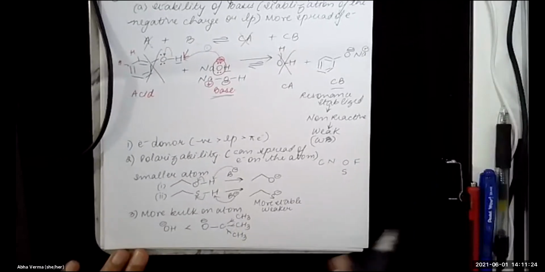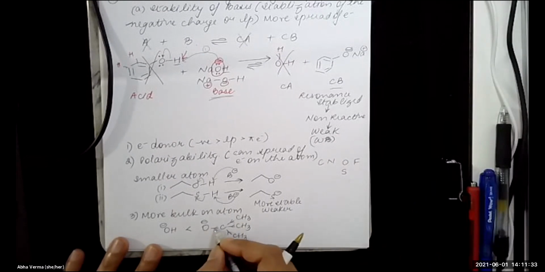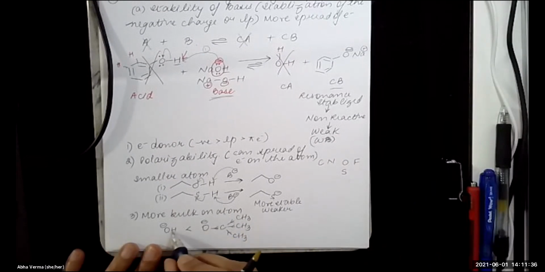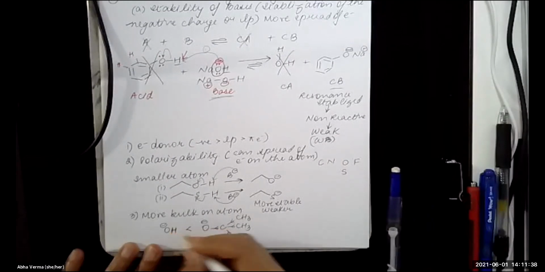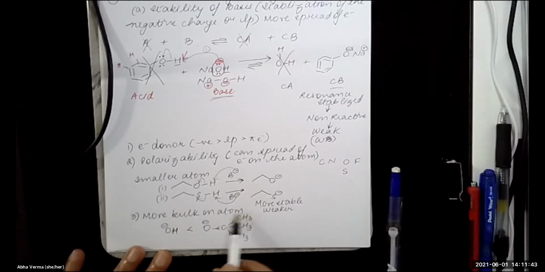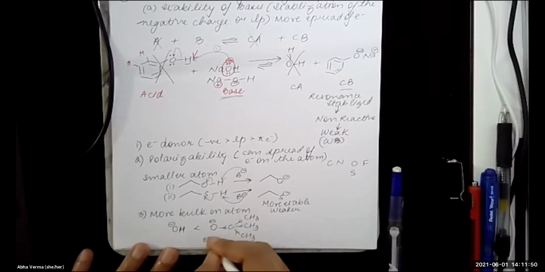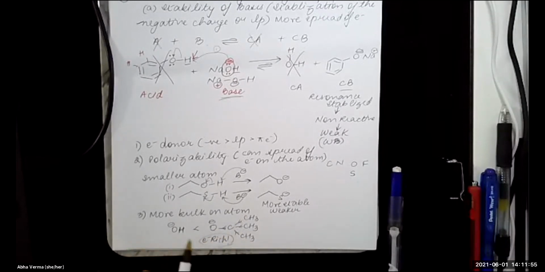So if you remember, induction is when you have movement of electrons, either a push or a pull. So they are pushing their electrons towards the oxygen. Here, hydrogen has no effect, neither push nor pull. But the alkyls here are pushing their electrons towards this oxygen, making this oxygen electron richer than this oxygen.